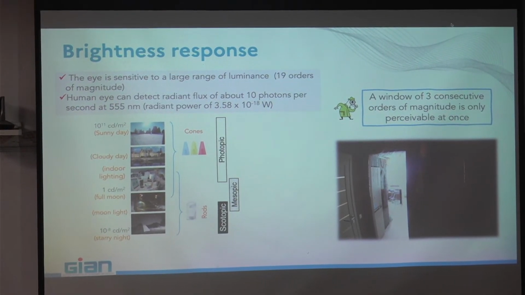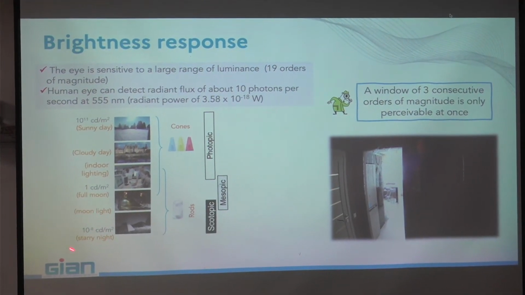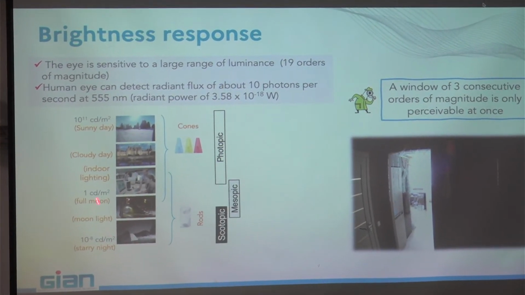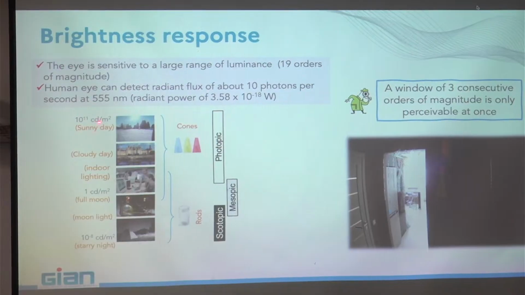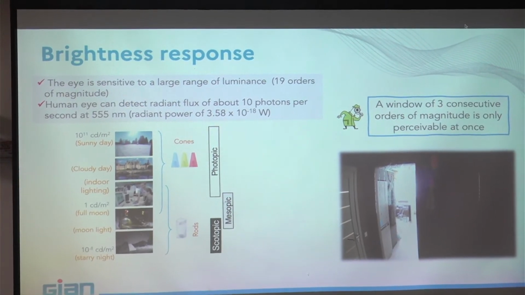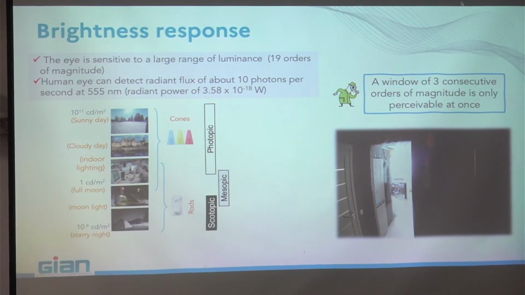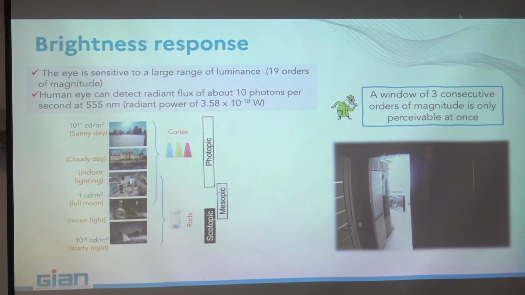In fact, our eye can see from 10⁻⁸ candelas per square meter, which is the starry night, up to 10¹¹ candelas per square meter, which is a sunny day with snow or a white sand beach at the equator. You have a part where cones are operating, a part where rods are operating, and you pass from photopic to scotopic, passing through mesopic vision.